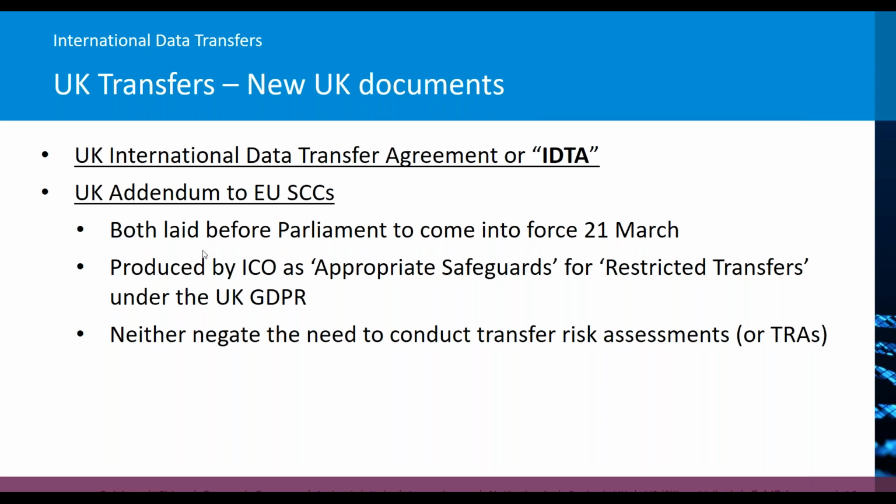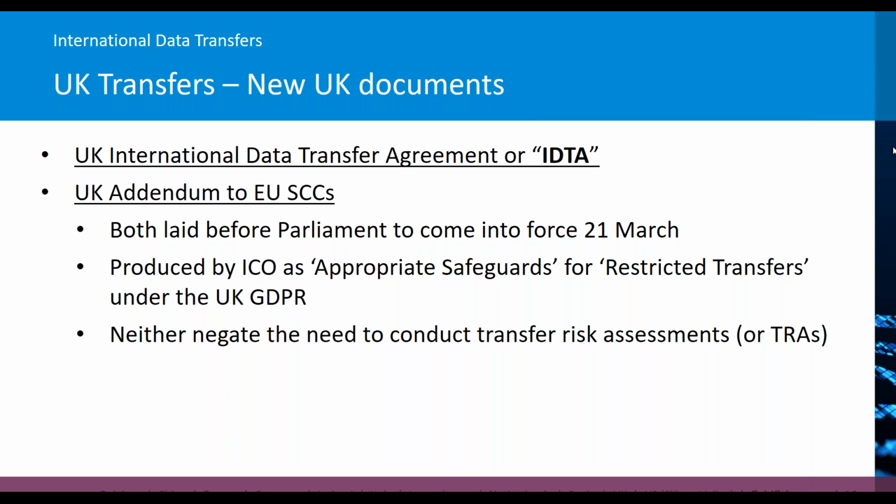In terms of what they are, they're documents produced by the ICO as mechanisms that can be used to ensure appropriate safeguards for restricted transfers under the UK GDPR. Although they do constitute appropriate safeguards, a key point is that they don't negate the need to carry out a transfer risk assessment, as they're referred to in the UK under the UK GDPR.